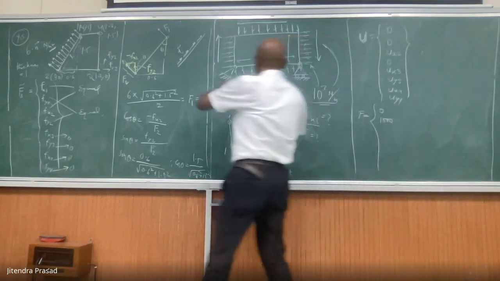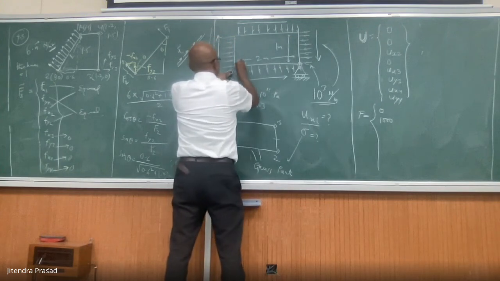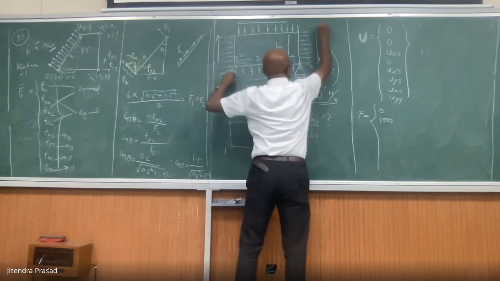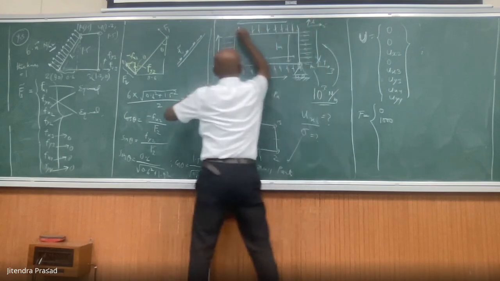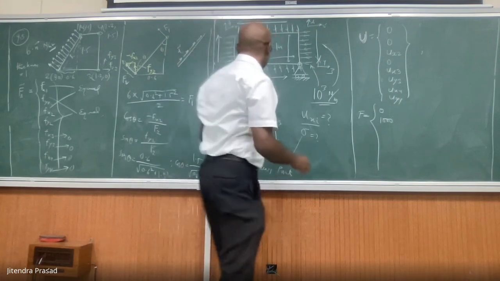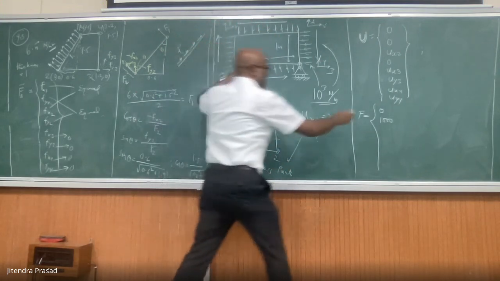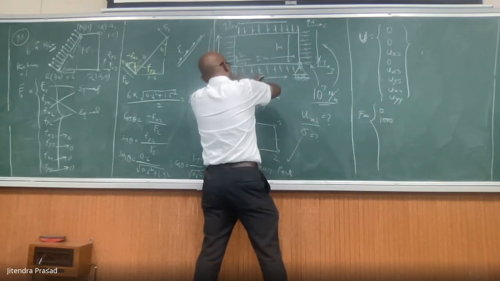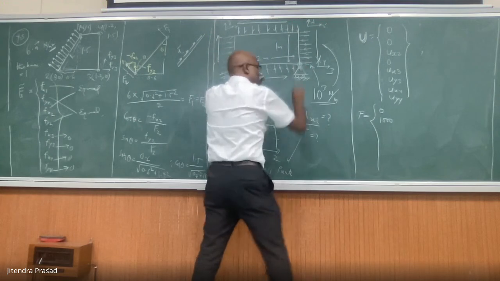Now this is 1, this is 2, this is 3, this is 4, this is 5, this is 6, 7, 8. This is the whole numbering we are talking about, right? Because of this one, we will have number 2 and number 4.